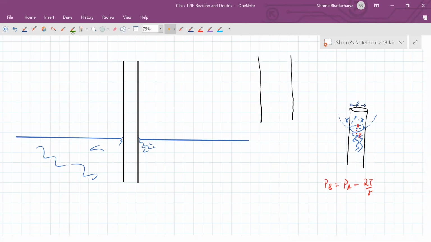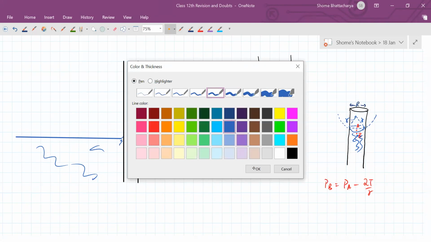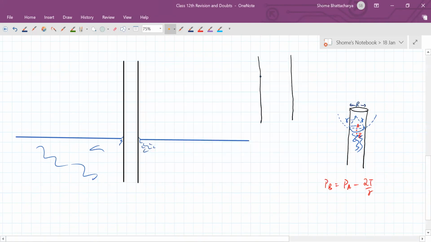Okay. And now it's very easy to calculate the relationship between the contact angle and capital R and small r. If you take the two-dimensional view at the contact surface, if you draw a tangent like this and a tangent like this over here, these two angles are theta. Okay, that is the contact angle. And if you draw a normal and a normal over here, this is the center of curvature of the meniscus.